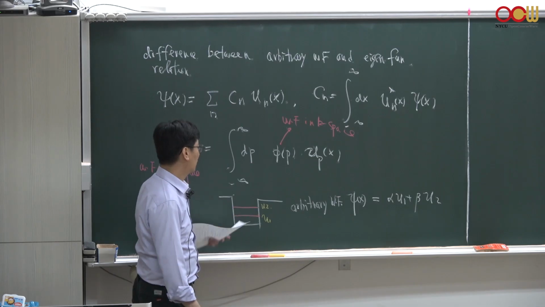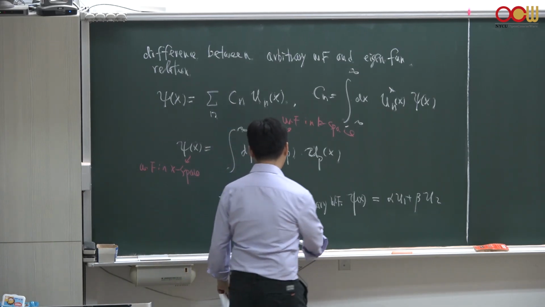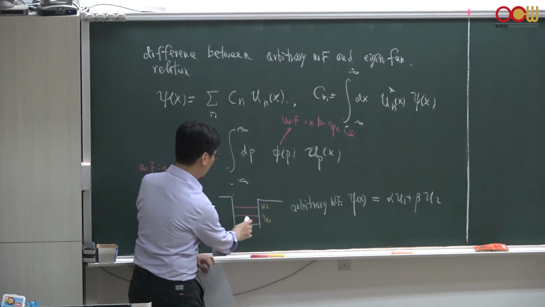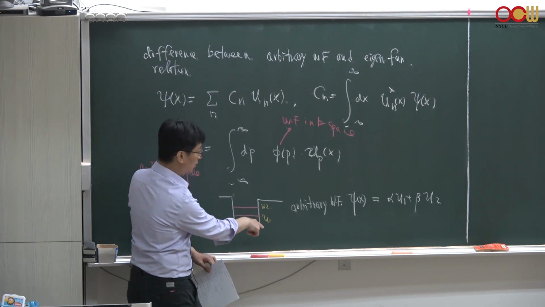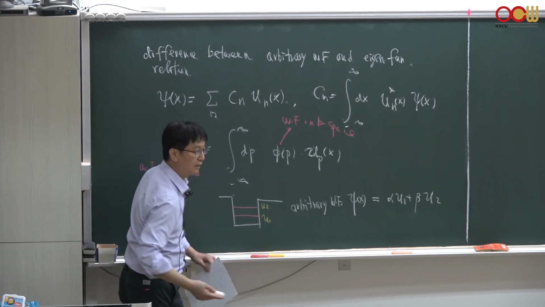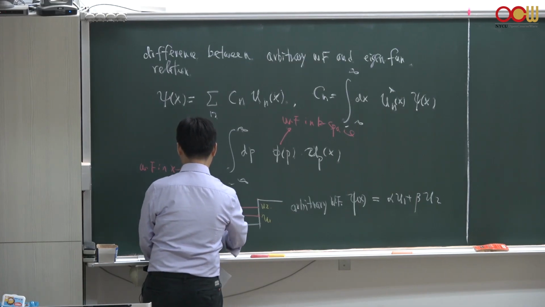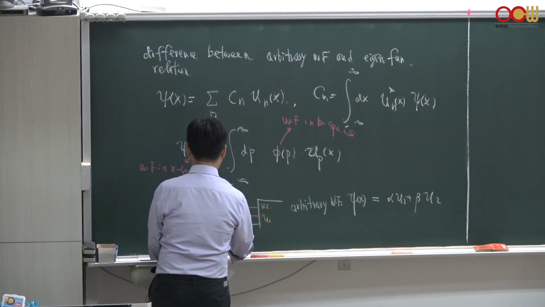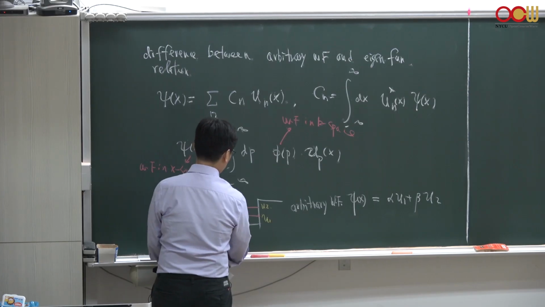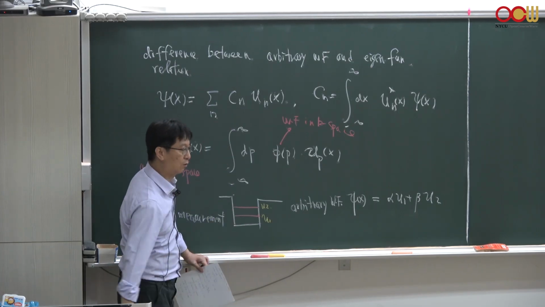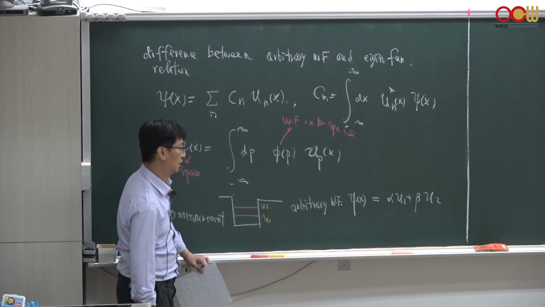Okay? In other words, if you take a measurement of your quantum particle inside this well, where this well supports only two eigenstates, say measurement number 1, I would like to measure which state the particle occupies.